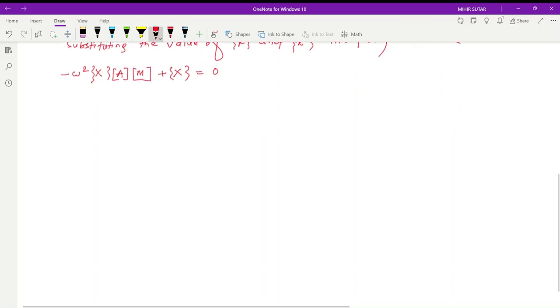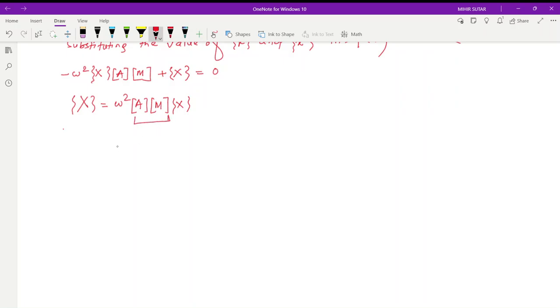Or we can say that X is equal to omega square A into M into capital X, okay.